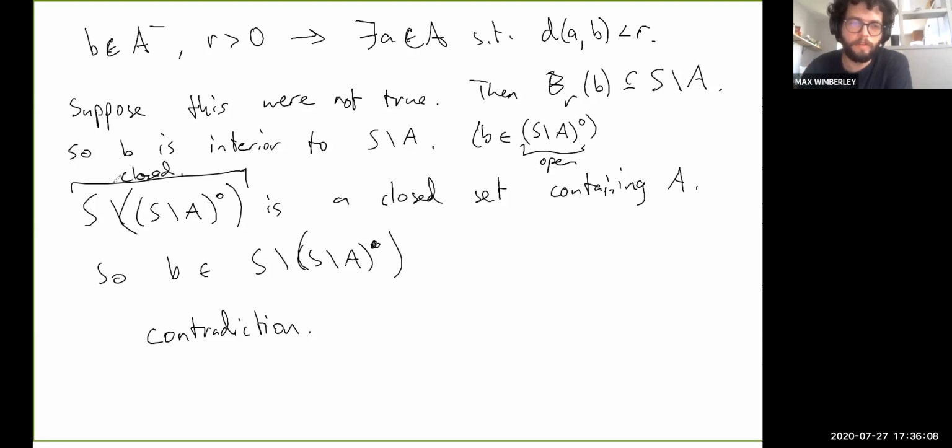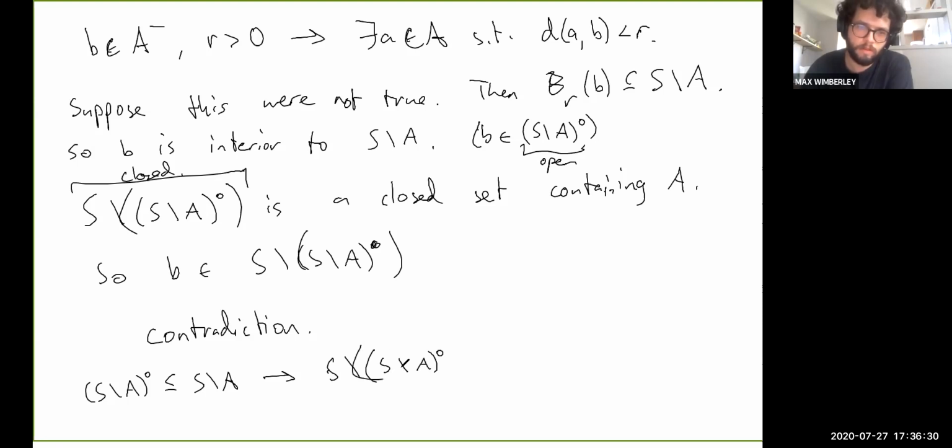And if you visualize it, since this is a subset of the complement of A, then taking the complement of that gives you a superset of A. So it's a closed set containing A, and by definition, the closure of A is the intersection of all closed sets containing A.